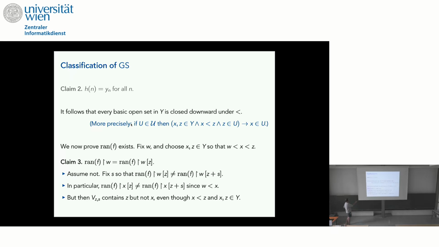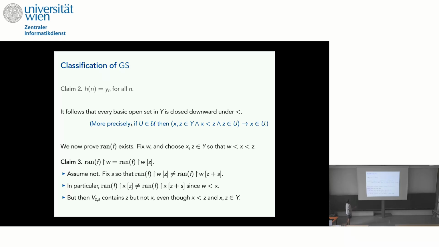And using that, we can prove that the range now exists. How do we do that? So let's fix w, and let's prove that we can give a delta 1 definition of the range of f up to w. Okay, if we can do that for every w, then of course we have the range, right? It's delta 1 definable. All right, so the claim is the following.